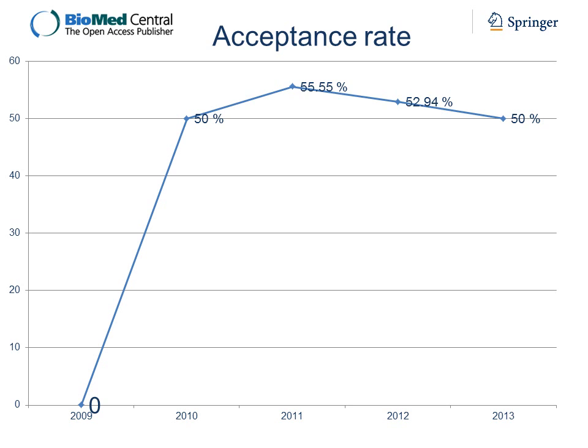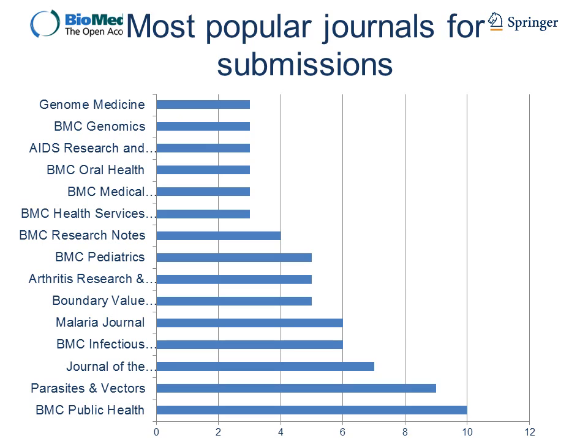And these are now the most popular journals for submissions from university researchers, the most popular being Public Health.